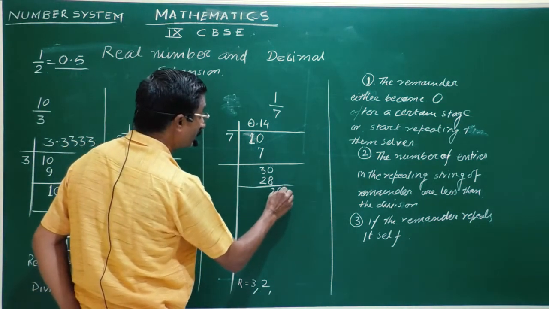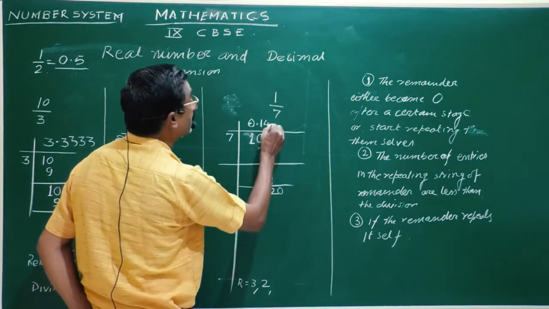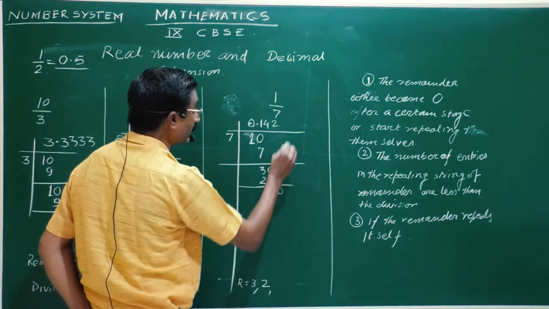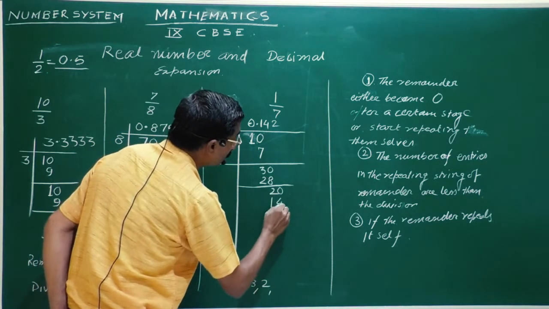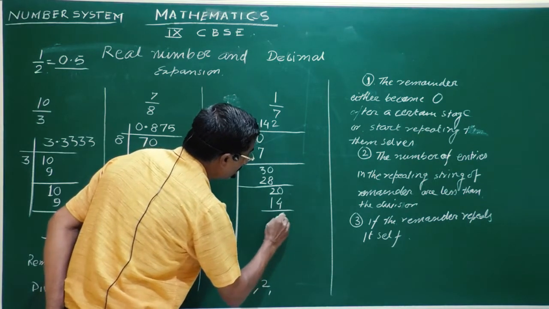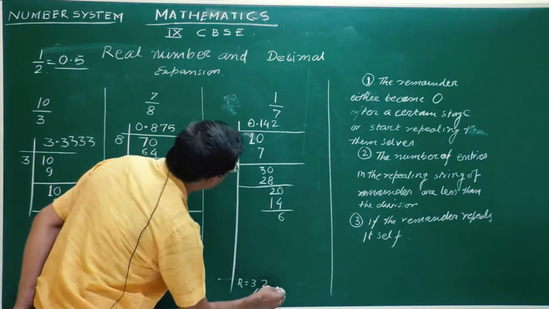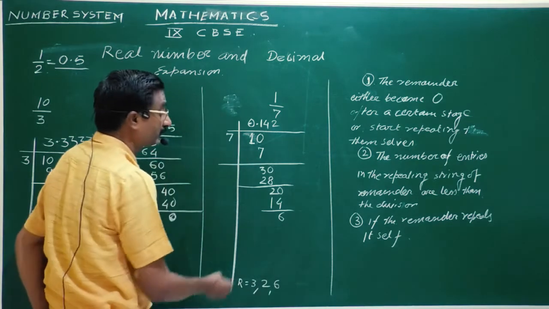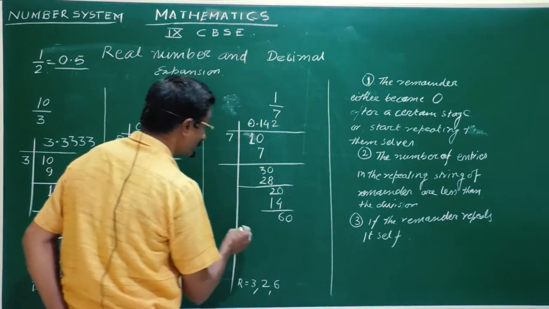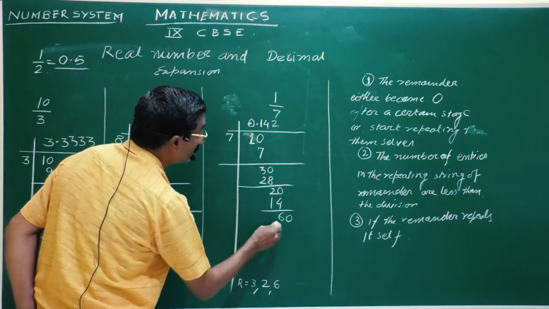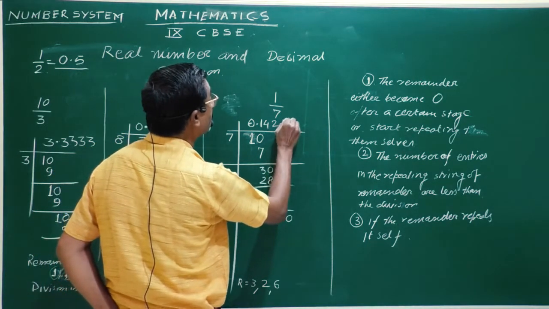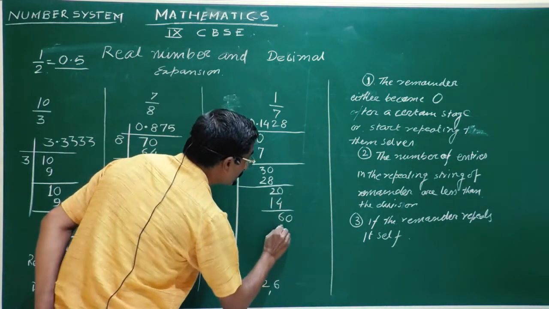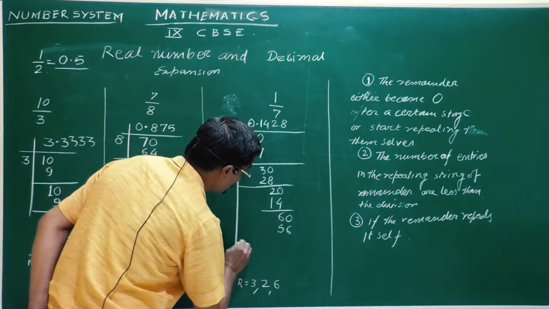Then 0, 7 2s are 14. So again remainder is 6. Remainder is 6. 0. 7 8s are 56.